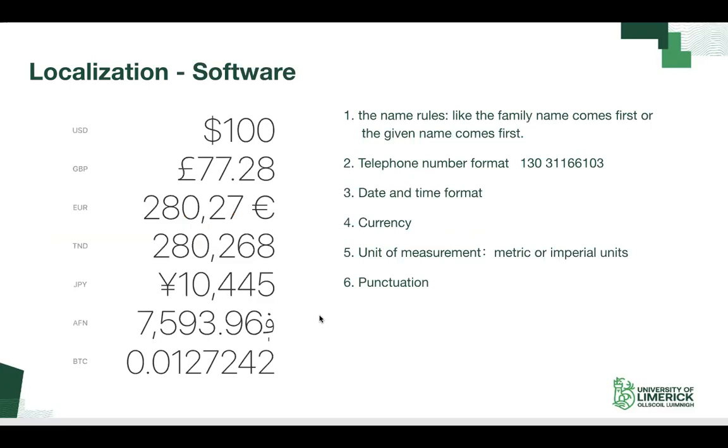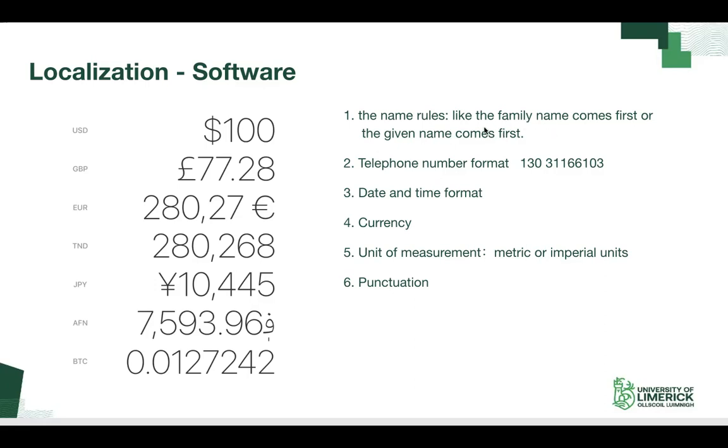Then, how does localization work in the software area? There is no doubt that software localization is very important to make local users comfortable, and it can be very close to the needs of the specific market. Some examples we need to be concerned about are name rules, like whether the family name or the given name comes first.